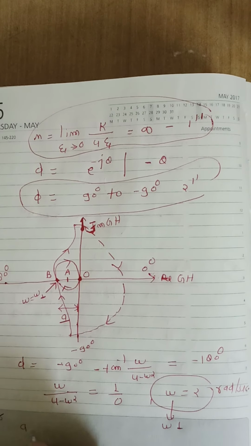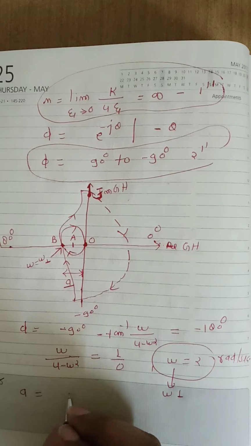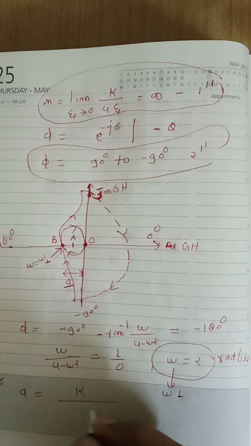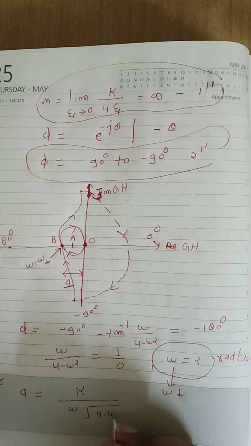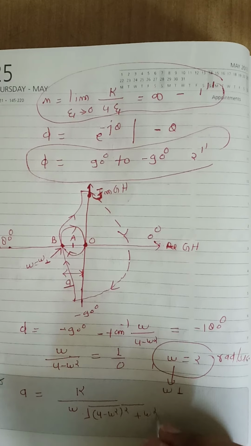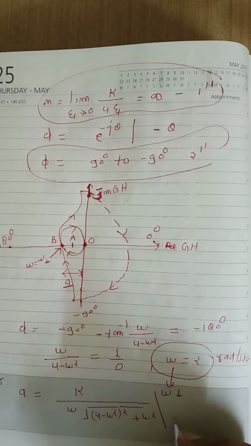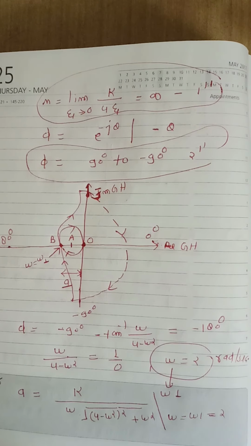Now we can calculate A according to the magnitude equation. We have magnitude K over omega under root of 4 minus omega square power 2 plus omega square, and here we have omega equal to omega 1, means 2 radian per second.